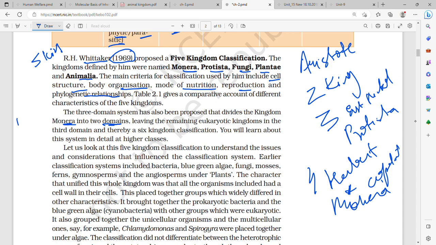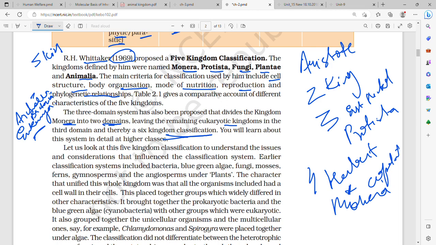So Monera is divided into two domains, Archaea and Bacteria, and the third is Eukarya, leaving the eukaryotic kingdoms in the third domain, thereby a sixth kingdom classification. You will learn that this system is in higher classes.